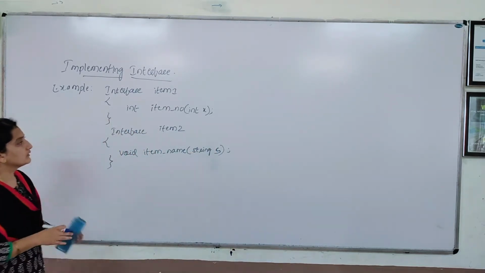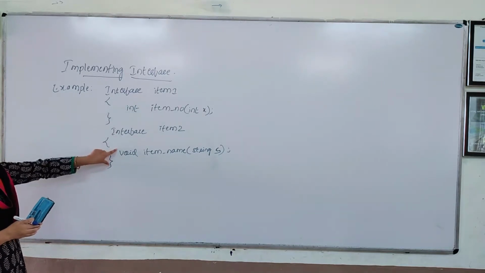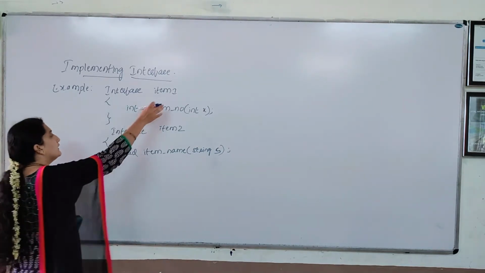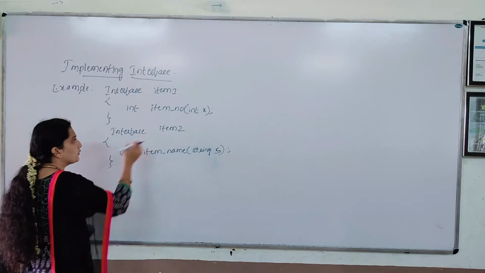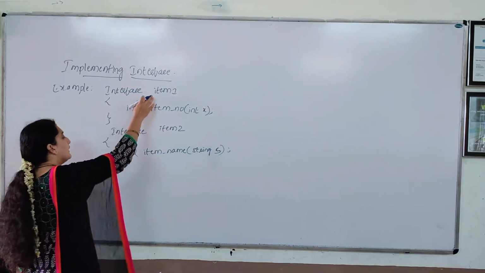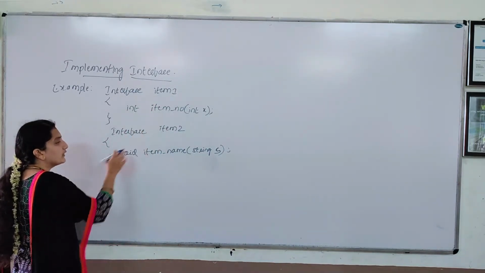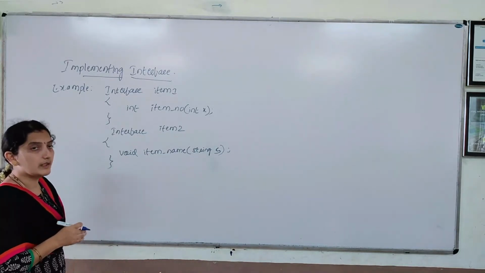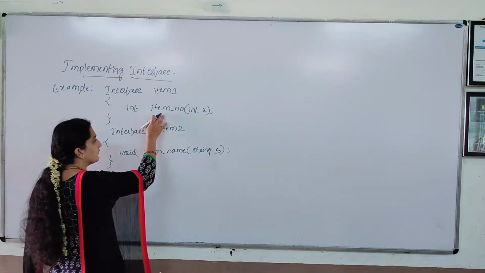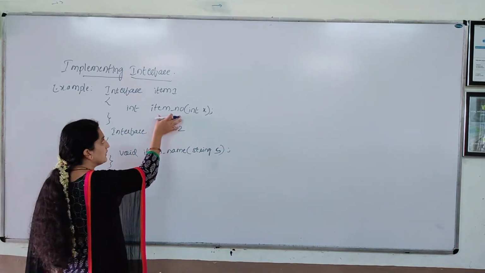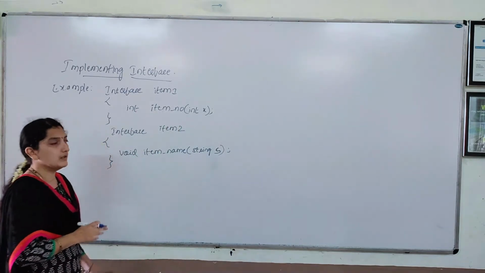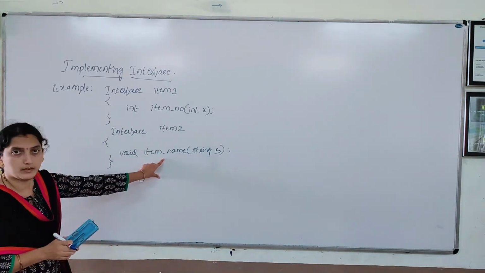Okay, now two interfaces I have defined. Item1 is one interface, Item2 is one interface, and both the interfaces have abstract methods, that is, methods without definition. Item number is one method and item name is one method.